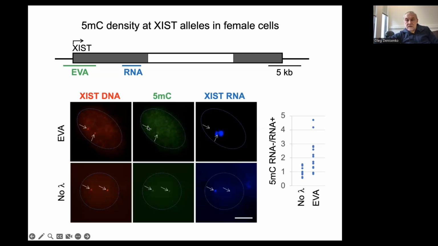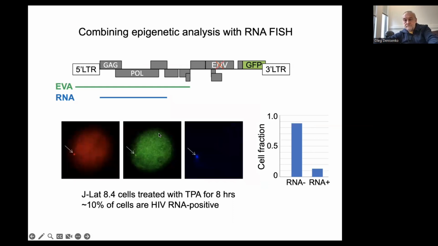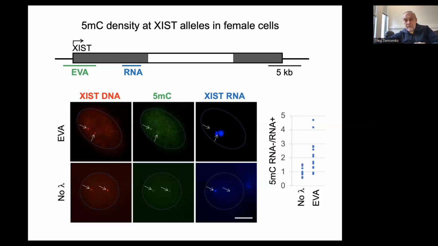The probe can detect two loci in each nucleus, and only one of those loci contains intense 5-mC signal, and the signal of 5-mC at the second locus, the second allele, is lower. The hypermethylated allele overlaps with the RNA FISH signal, which is exactly what we would expect.